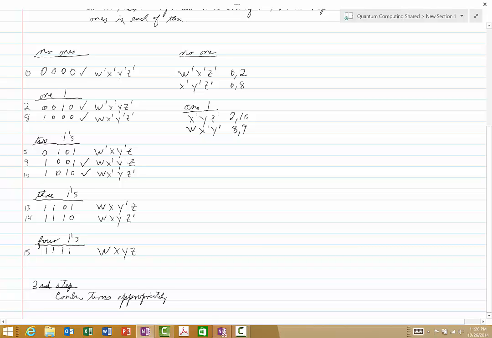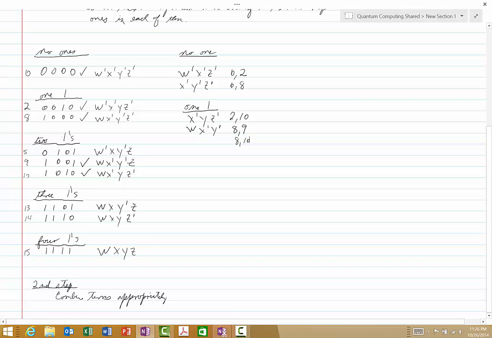And what about 8 and 10? Well, 8 is smaller than 10, so it's possible. And the difference between 8 and 10 is 2, which is indeed a power of 2, so those two should combine, 8 and 10. And look at these two and see if you can predict what will drop out.